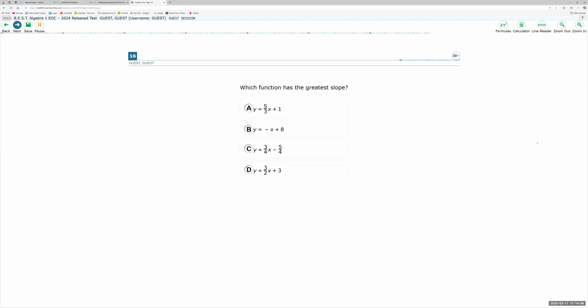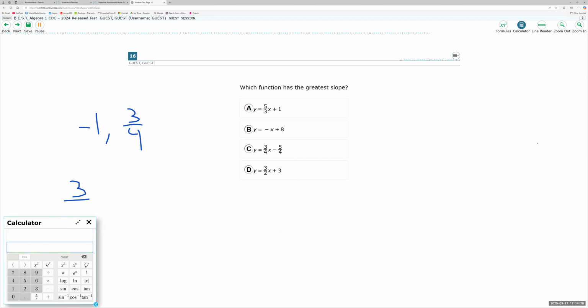Continue. Okay, the greatest slopes, let me just write them. So I have -1. Then I have 3/4, which is less than +1. Then I'm in between 3/2 and 5/3. If you're not sure, you can divide. Use your calculator. Let me divide 5 divided by 3.